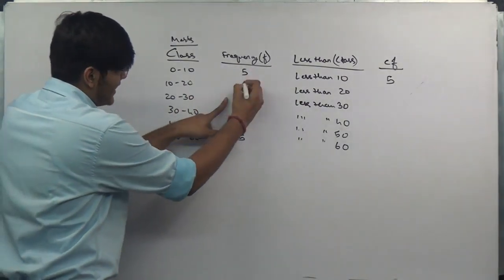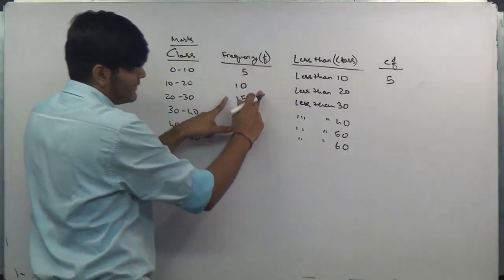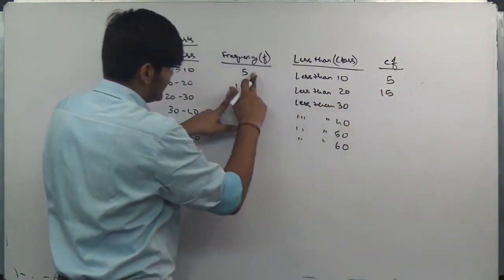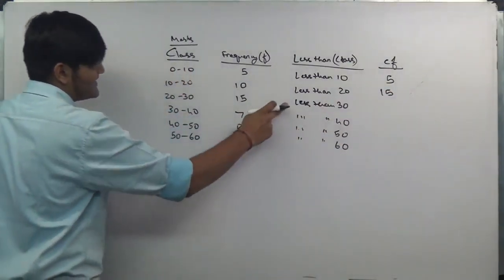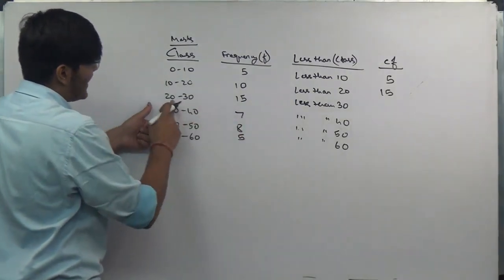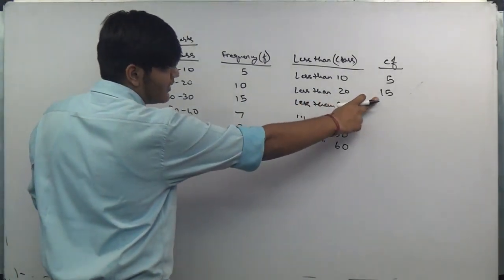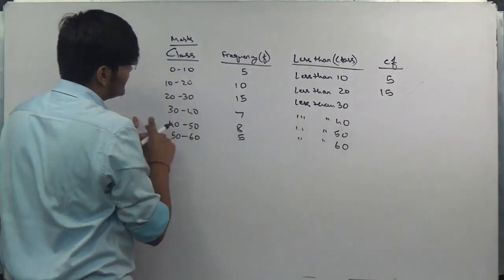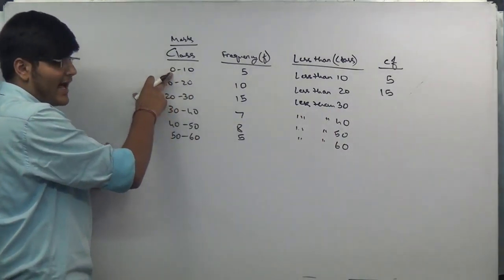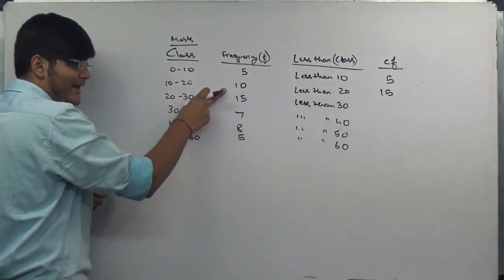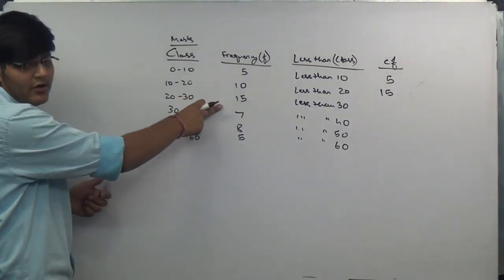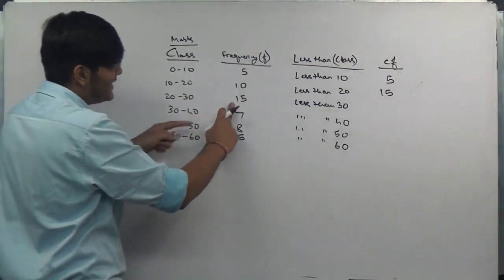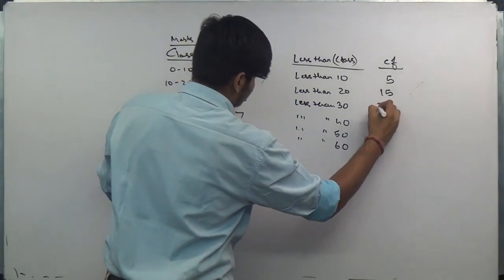This frequency added up with this frequency comes down to 15, 10. Then what we see, less than 30. Less than 30 is to be added with the result that we have got here. Less than 30 involves the people who have scored below 10 as well as people who have scored below 20 as well as people who have scored below 30. So we add these three. What do we get? 30.